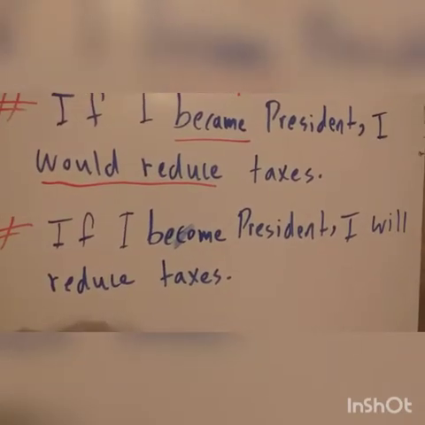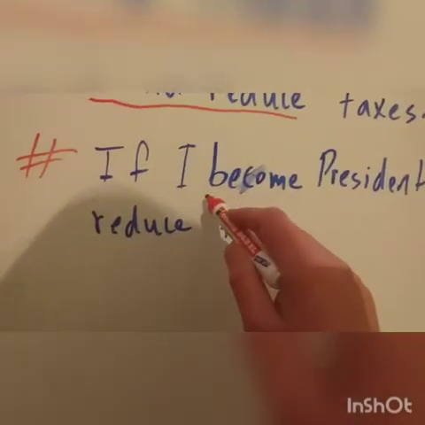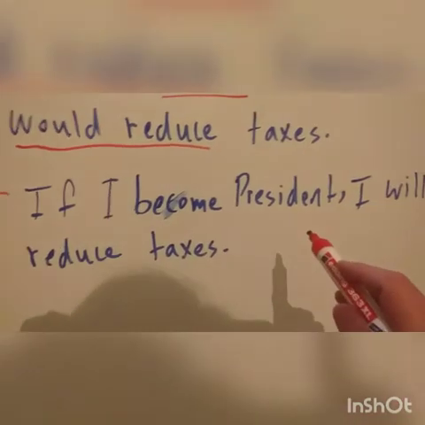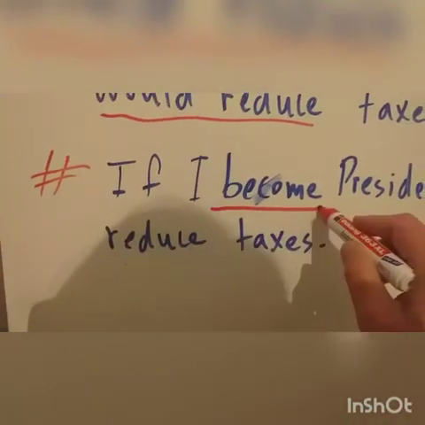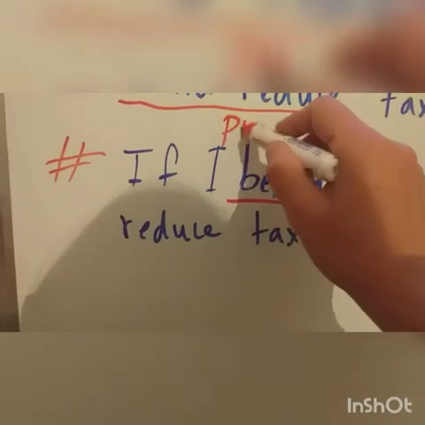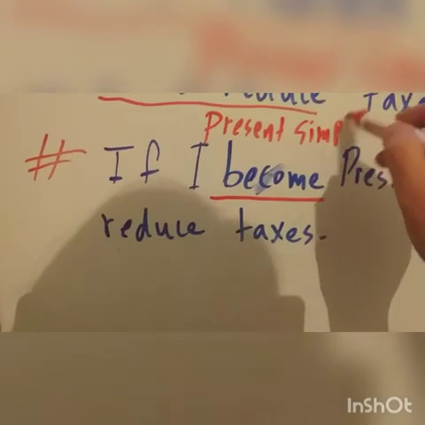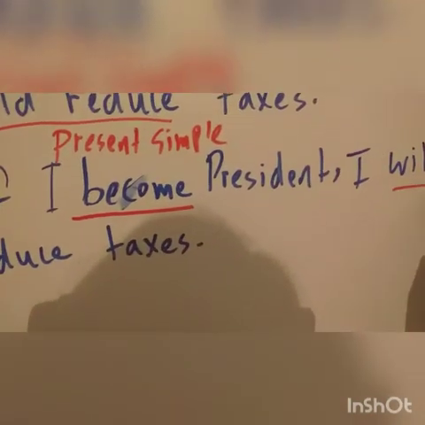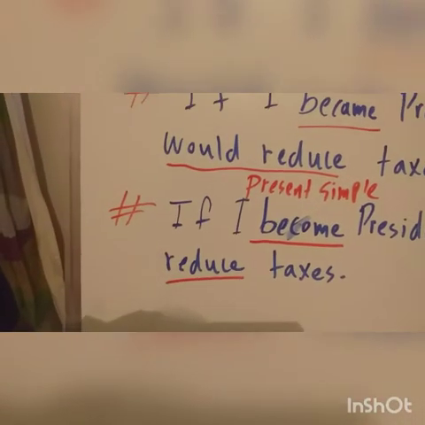Now let's look at the second sentence structure. If I become president, I will reduce taxes. Here we have used present simple, will, and the base form of the main verb.